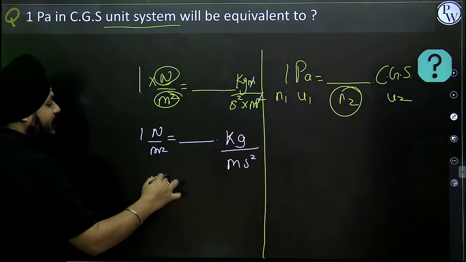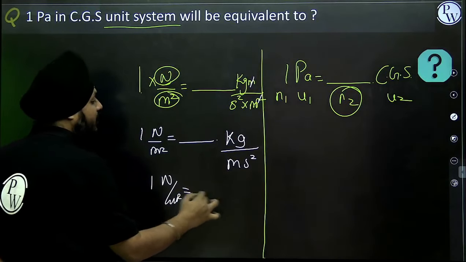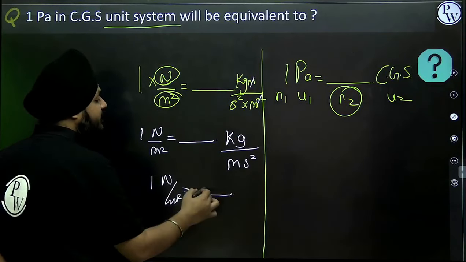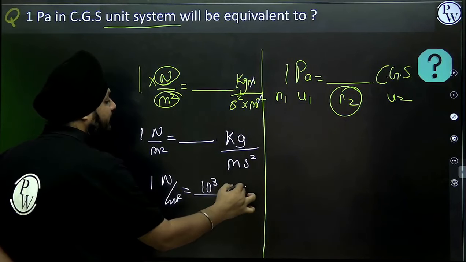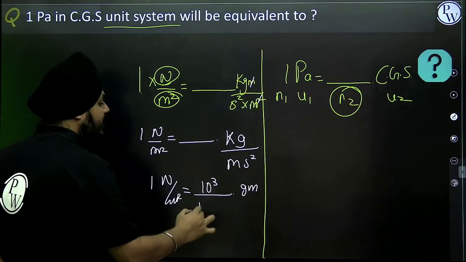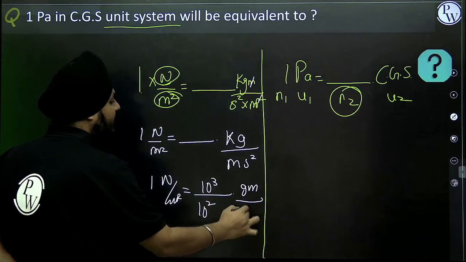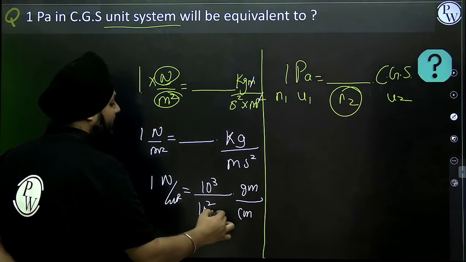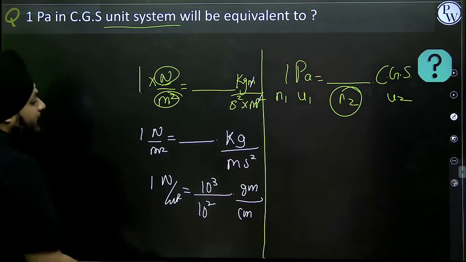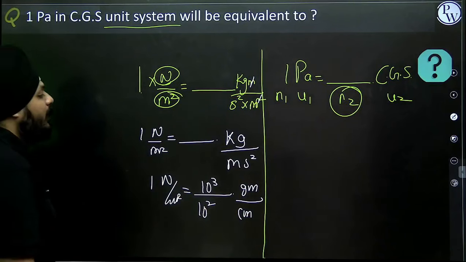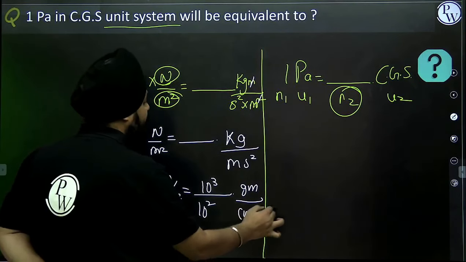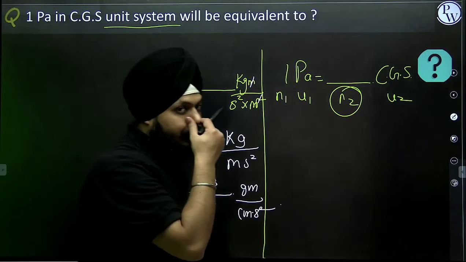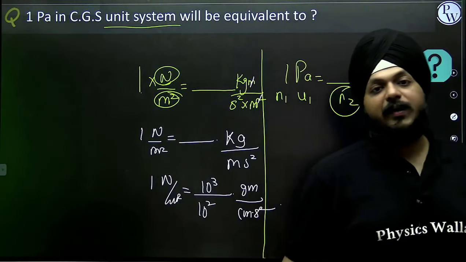Can I replace kg as 10 to the power 3 gram, meter as 10 to the power 2 centimeter, and second square will be the same.